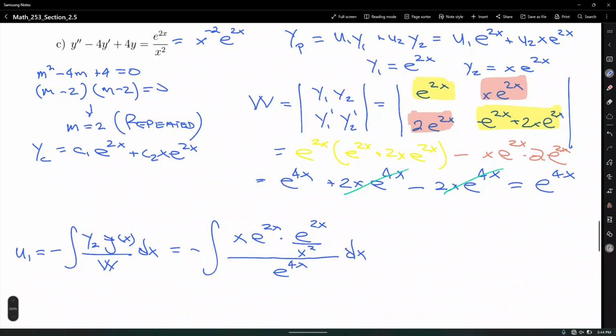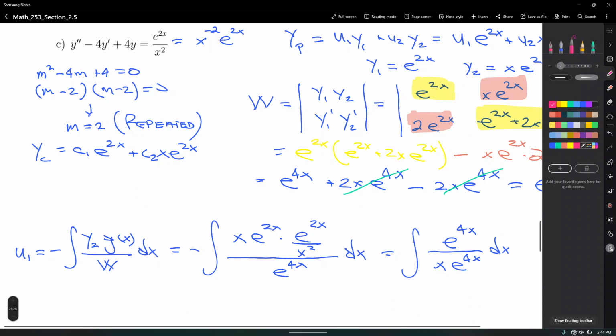Yes, the integrand looks crazy, but it's more friendly than it seems, because this is the integral of what? x divided by x squared. Wouldn't that be an x in the denominator? In the numerator, we end up with e to the 2x times itself, which is e to the 4x, divided by e to the 4x in the denominator, which cancel out.